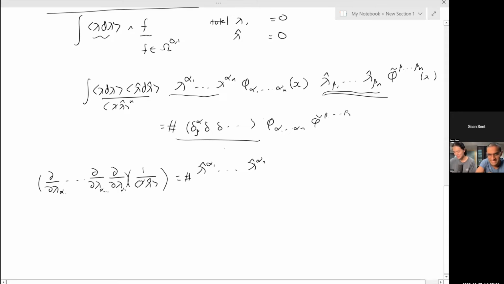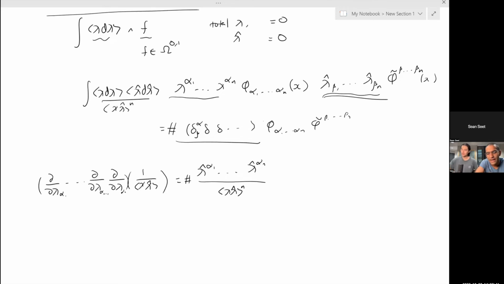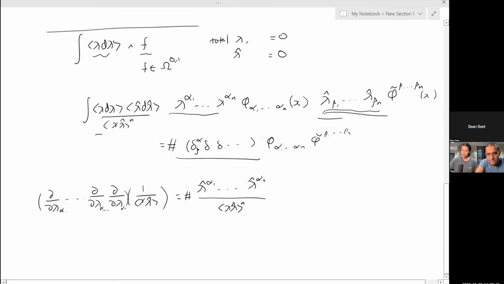It's going to be something like (-1)^(n-1) times (n-1) factorial. But I'm going to be lazy about it. So you can replace all of this stuff with derivatives with respect to lambda, and then act the other way with them. Right. Okay, I see.